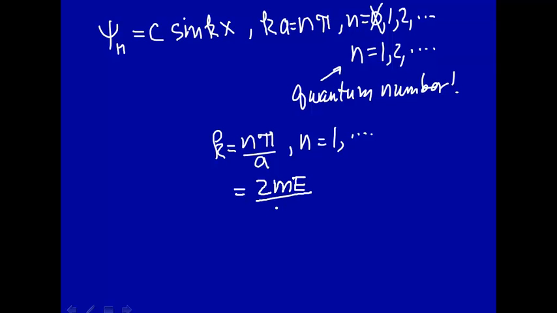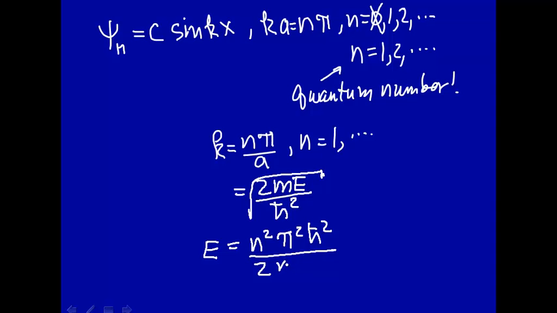So let's solve this for E. E is equal to n squared pi squared h bar squared over 2m a squared, where n now is equal to 1, 2, and so on. So now we have quantization of energy levels, because n can only be 1, 2, or 3. It can't be 1.5 or 3.4 or anything. It only has to be those.